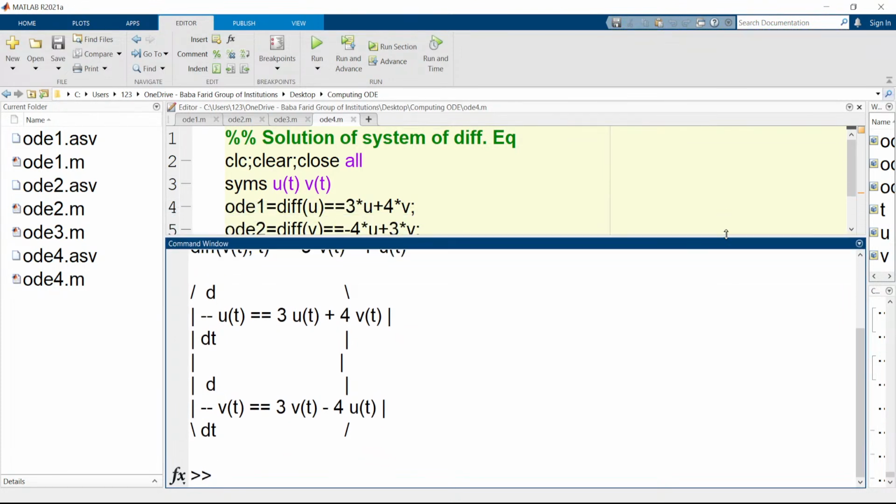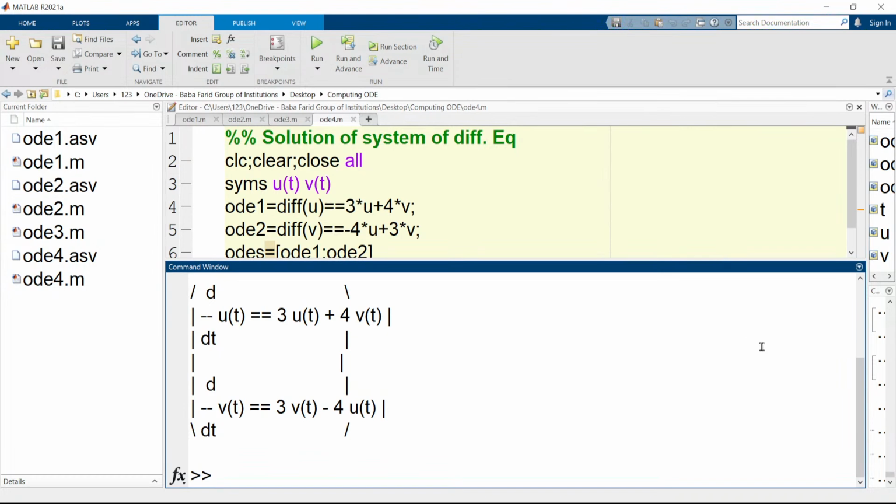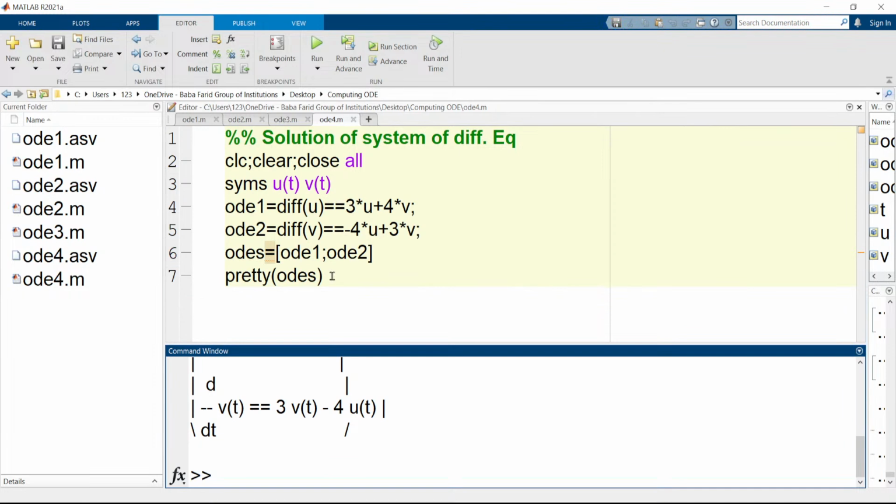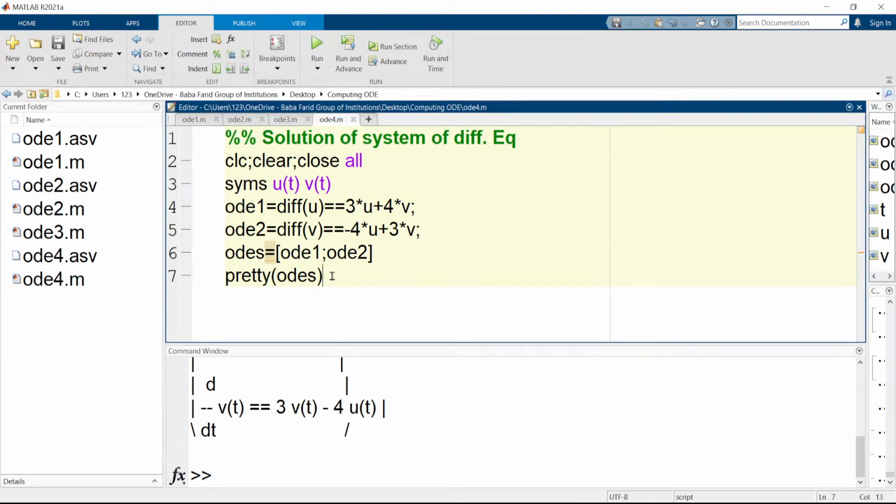It depends upon you how you want to present your equations, but it is not required, just to check it. You can remove this statement, and if you don't want to remove it, you can comment it, using control and R. When you comment the statement, it will not be part of the program. Now we want to solve these equations.